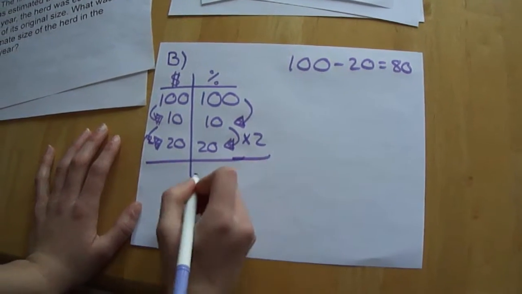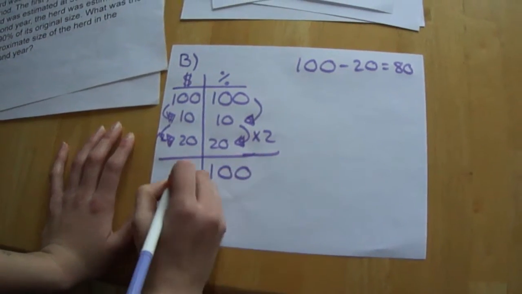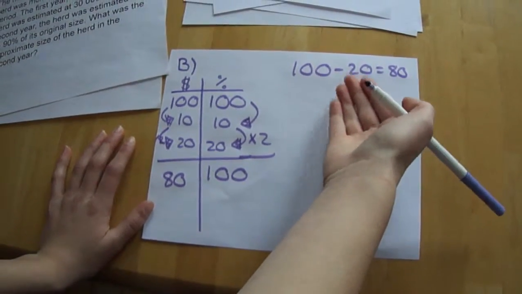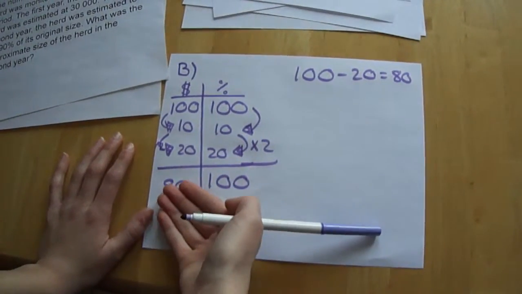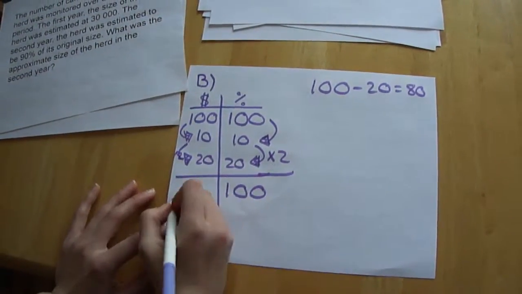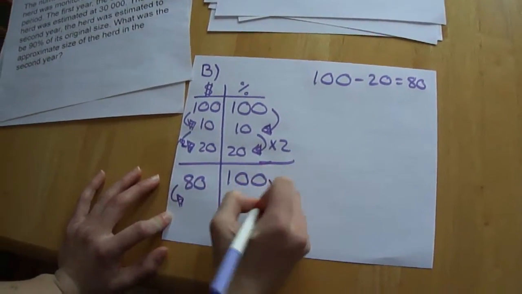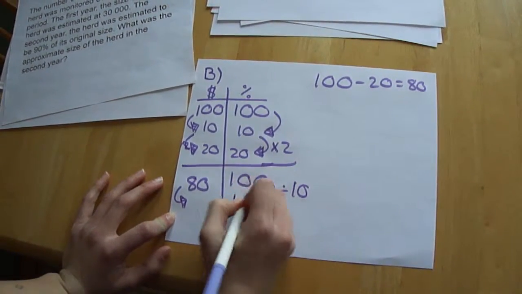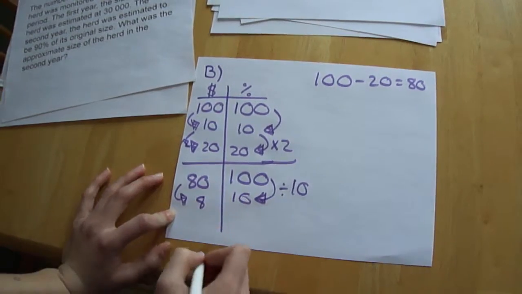So my new 100% is now $80 because you are taking off your second half off of the already reduced price of $80. So from there, I'm once again going to divide both sides by 10 to get 10 on this side and 8 on this side.